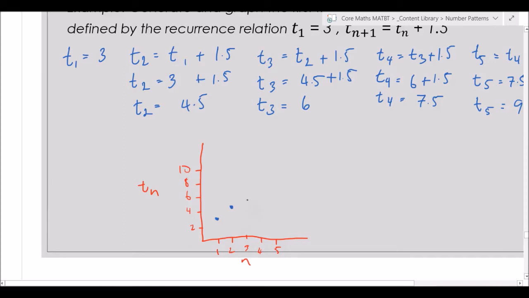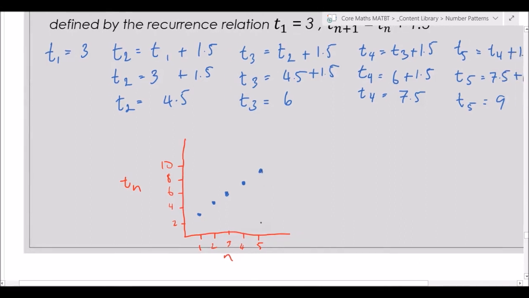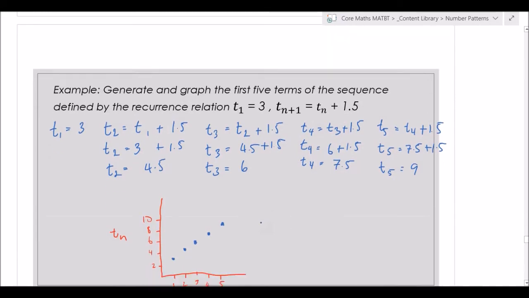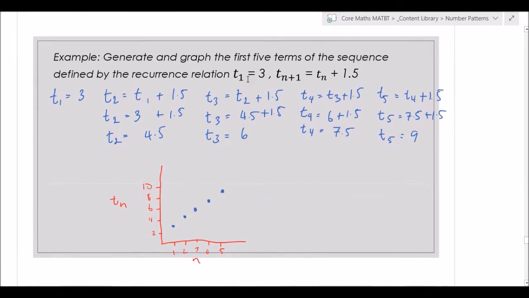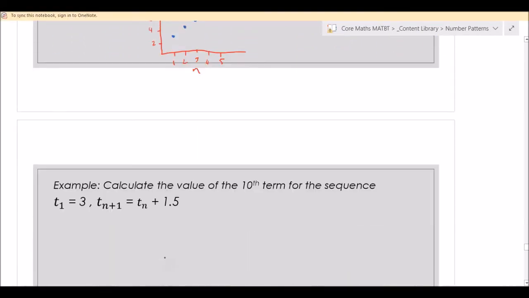Term number 3 is 6, so that will be here. Term number 4 is 7.5. So if that's 7 right here, 7.5 would be a bit higher than the middle between 6 and 8. And then term 5 is 9, so that's here. And there is the graph for our arithmetic sequence from this recurrence relation.